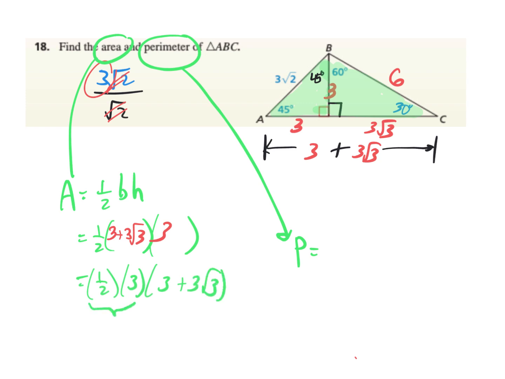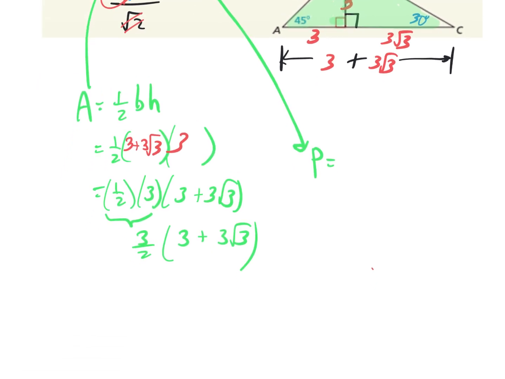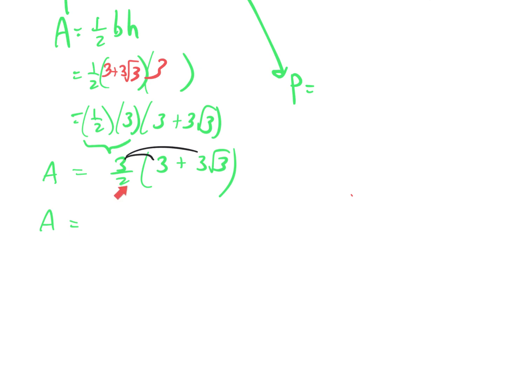And 1/2 times 3 is 3/2. Don't combine these, they're not like terms. So we'll multiply 3/2 times the group using the distributive property. 3/2 times 3 plus 3/2 times 3 root 3.